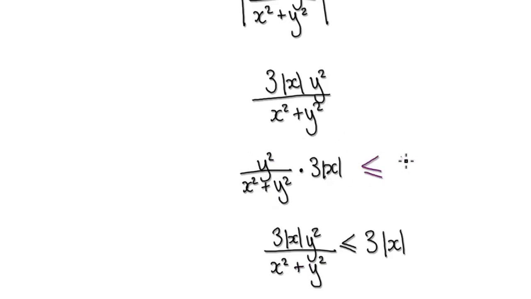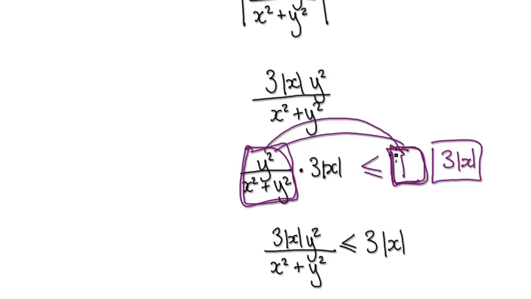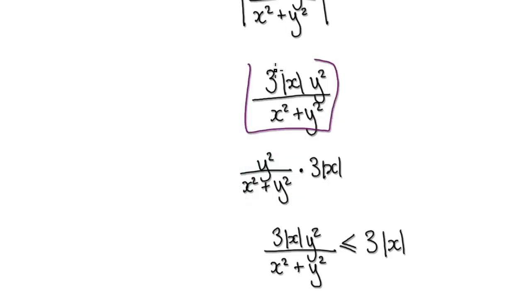It's going to be less than 1, and then you've got your block here, 3 absolute value of x, because this thing here is going to be slightly less or equal to the 1 here. So I can rewrite this whole thing here as being less than or equal to this thing here. Okay, so remember, our aim is to trap this in between two things.